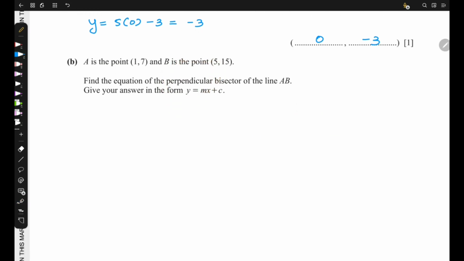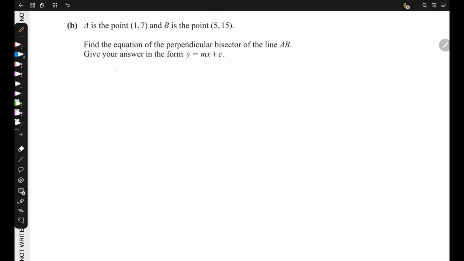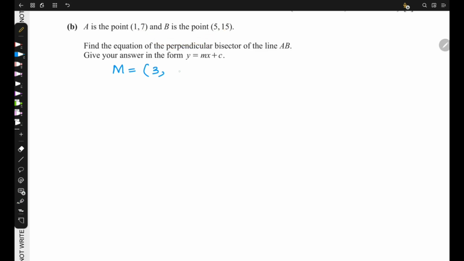So let's find out the midpoint first of all. Midpoint of AB, that is (1 plus 5) over 2, that is 3, and (7 plus 15) divided by 2, that is 11. So this is the midpoint of AB. Now let's find out the gradient of AB. y2 minus y1, 15 minus 7, over x2 minus x1, 5 minus 1.